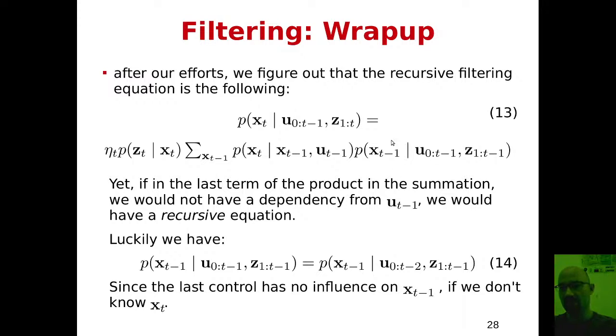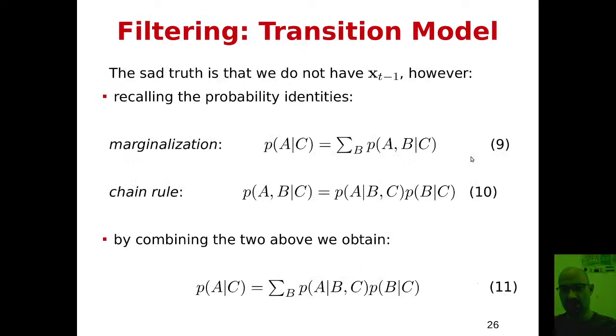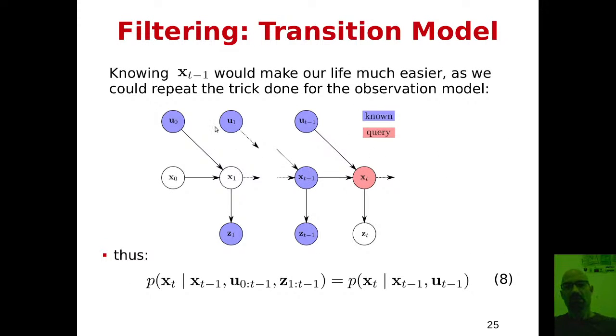If we paint the distribution, this is xt minus 1 given u between 0 and t minus 1 and z1 to t minus 1. Now, it would look like something like this, where I have all these balls highlighted, also this measurement will be highlighted, this part is ignored, and then the pink part will be this xt minus 1. Please ignore this block over here, which is not present in this equation.